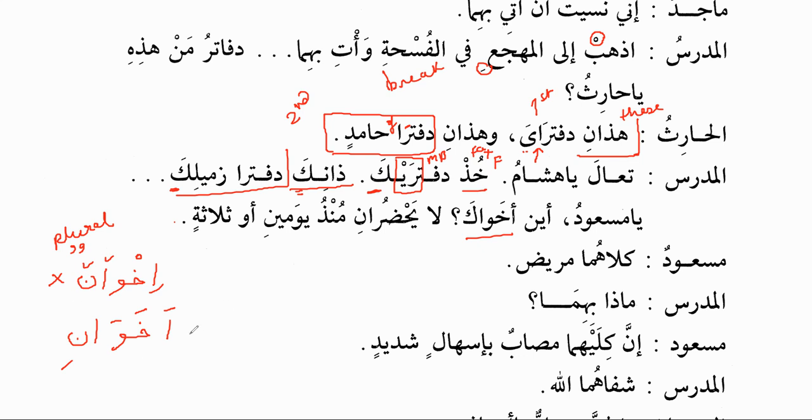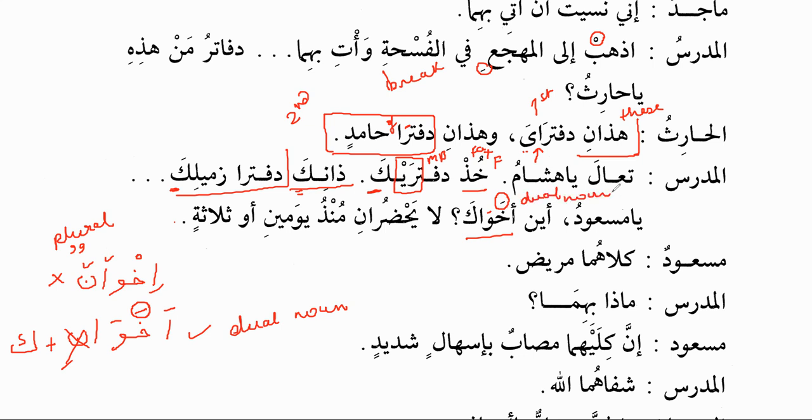Now, but when coming across to dual noun of brothers, you can see the difference. Akhawan, the kha does not have the sukoon, it has a fatha. Akhawani, so the noon gets deleted and it is attached with the damir kaf. So we get akhawaka. And remember to see the harakat, akhawaka. This is the dual noun.